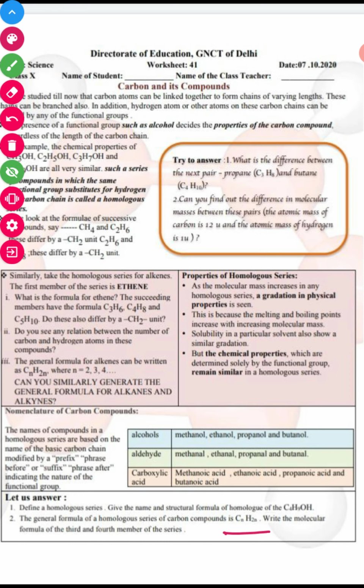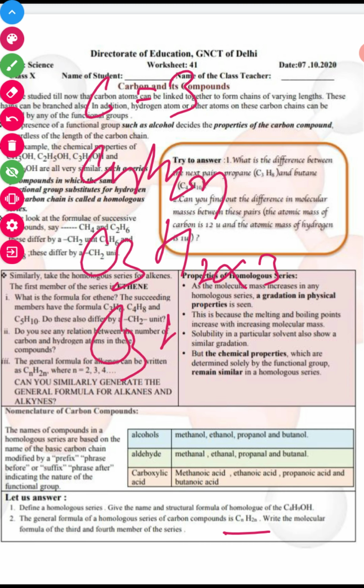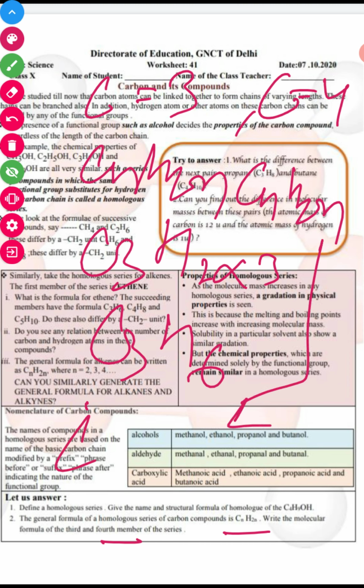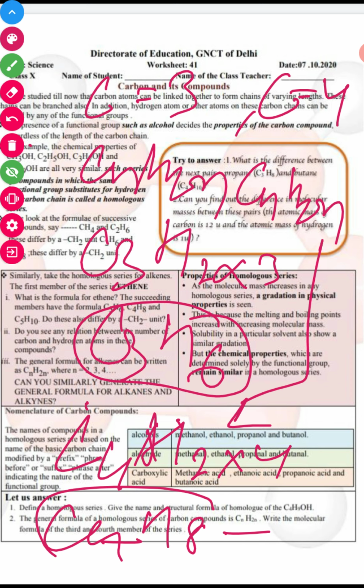By using this formula, the third member is C3H6. Next, the fourth member is C4H8.